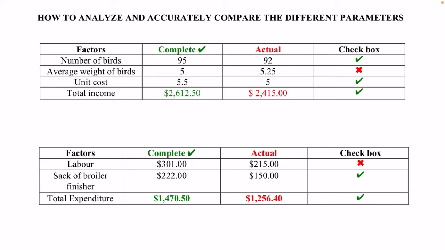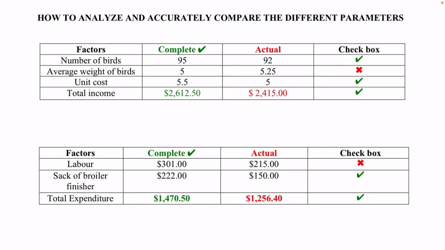To begin your analysis, you need to first look at which of these had a higher income. Was it the complete budget income, or was it the actual income? Clearly, we can see here highlighted in green that the complete budget had the higher income, $2,612.50.